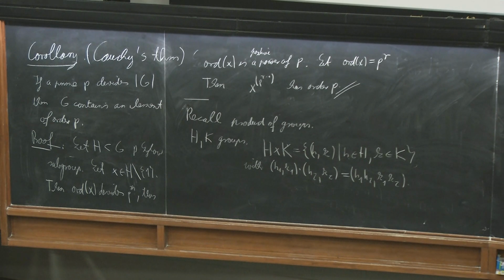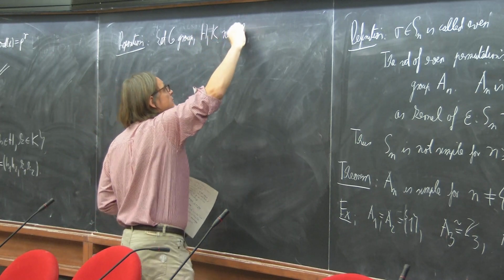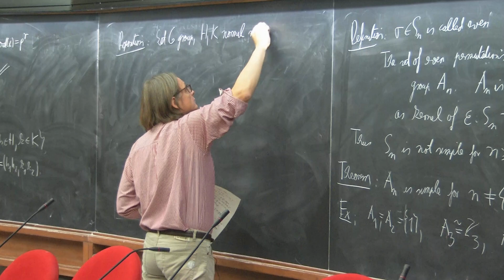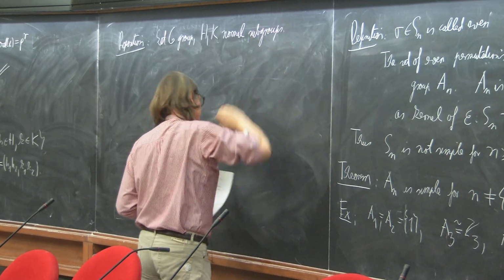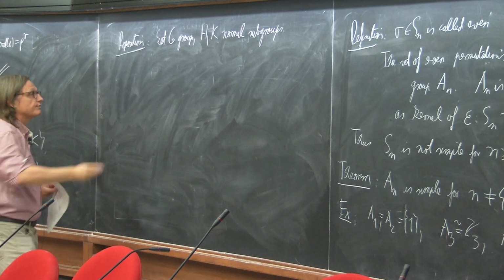So let G be a group, and H and K normal subgroups. So assume the following.